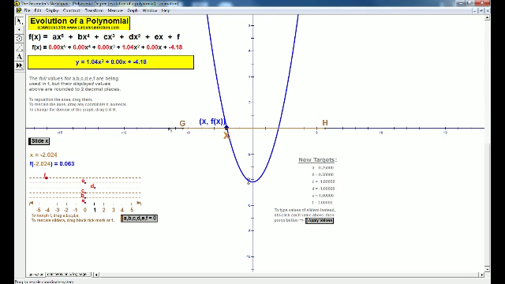Now, the important part of this is what's the y-intercept and what are the x-intercepts? -2 and 2, I've kind of set you up there, right? Okay. Those are also called zeros or roots, x-intercepts.